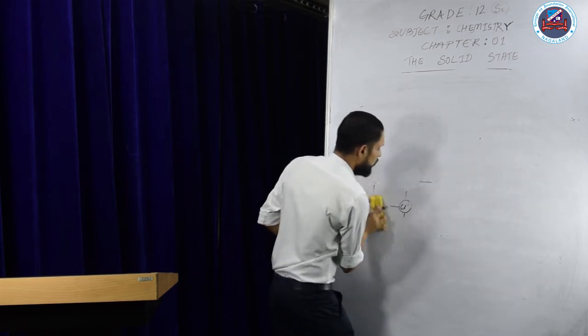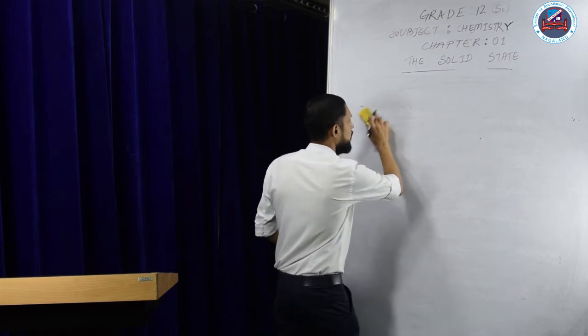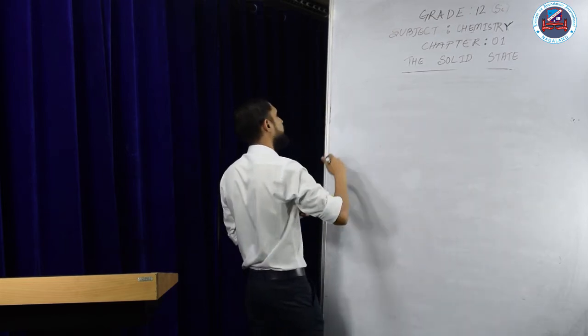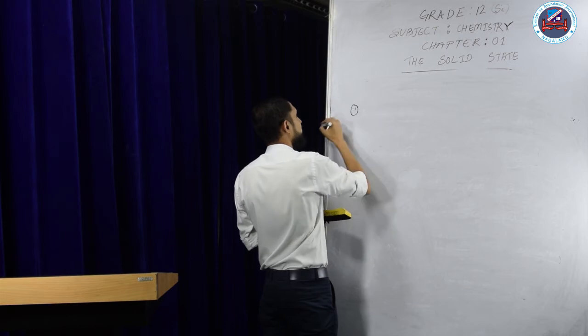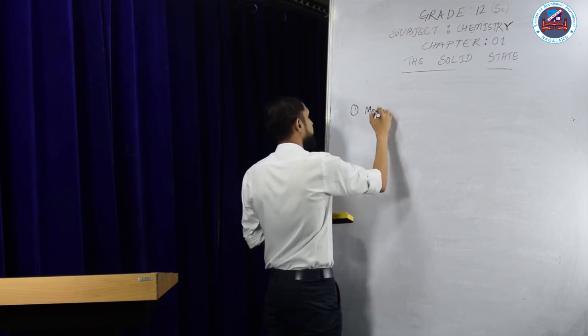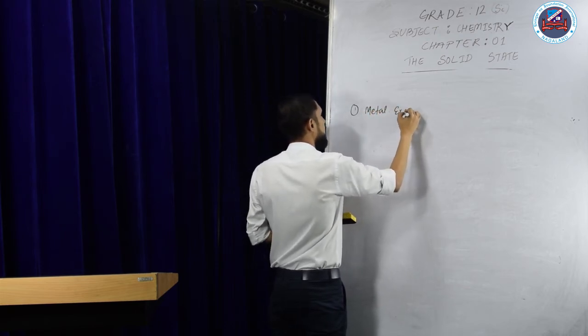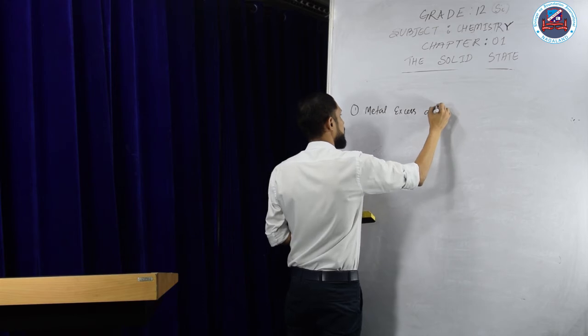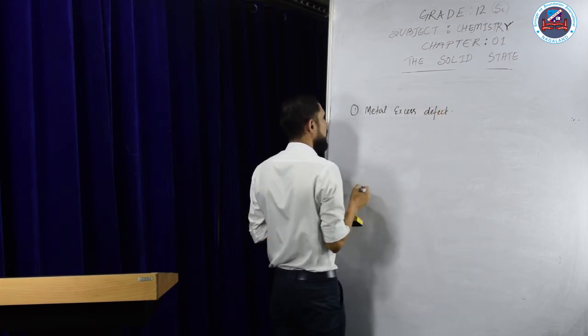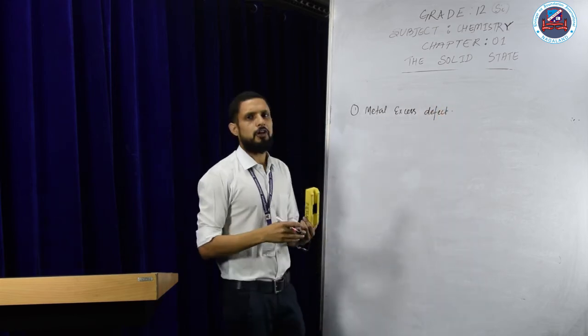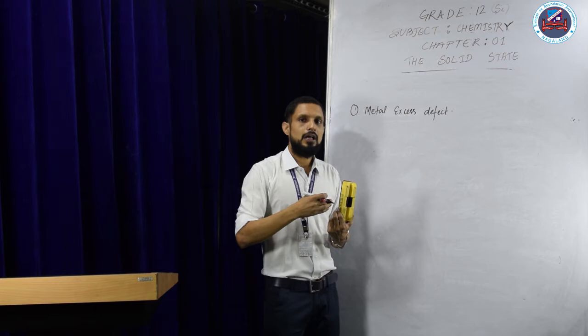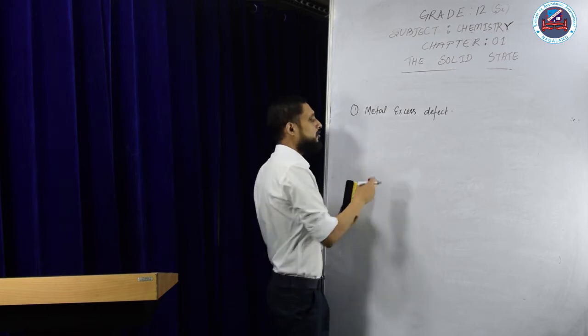Next, for non-stoichiometric defect, we have metal excess defect and metal deficiency defect. So first let us see metal excess defect. From the name itself, you can make out metal excess. That means the metal will be in excess.